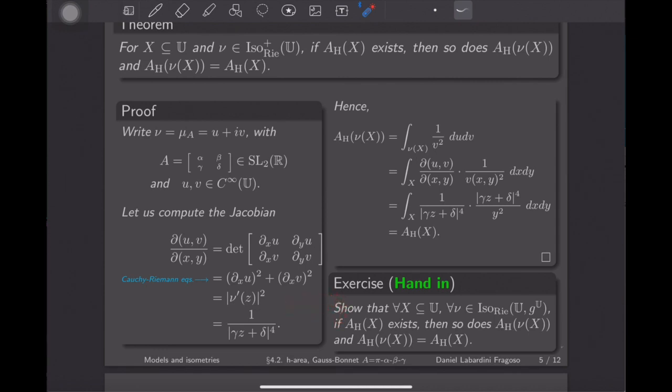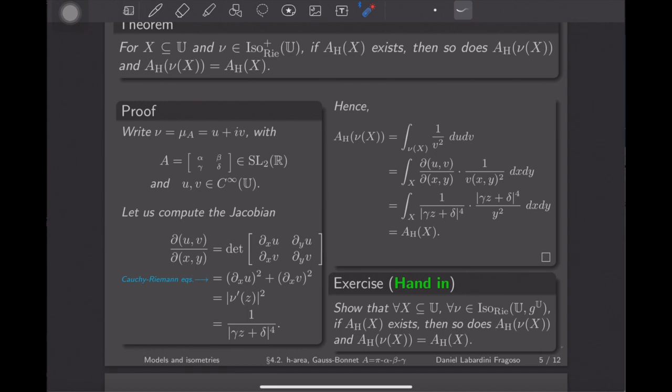Okay, and now the hyperbolic area of this one is simply the integral of, you see here, I put du dv over imaginary part squared, and then integrate over this set. And then I take the change of coordinates.